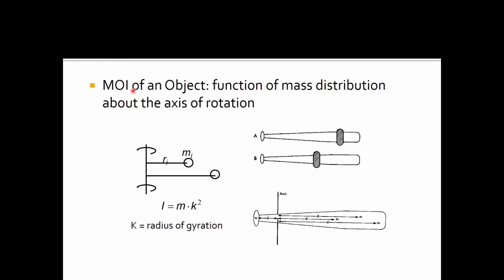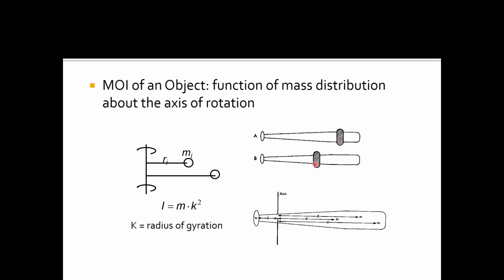The actual moment of inertia of the object is a function of mass distribution about the axis of rotation. Let me explain why this one is a function of mass distribution about the axis of rotation. Right here, for example, we have the same bat here, A and B, and we have a weight ring on each bat.